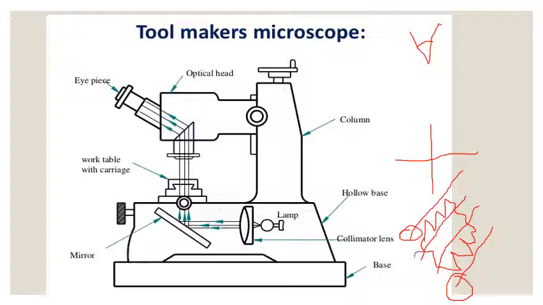Similarly, place the horizontal line at this location and bring it to this other location, and we get the minor diameter. Whereas to calculate the pitch, place the vertical line somewhere here and then move the same vertical line to another crest, and the difference in the reading gives the pitch.